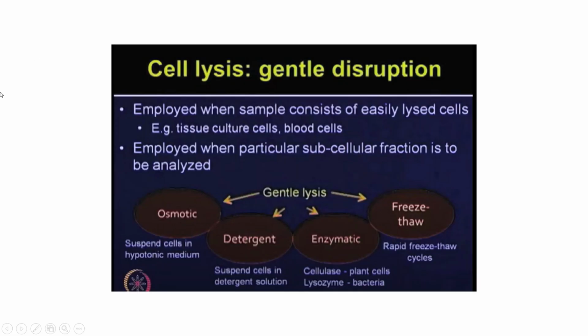There are different ways of lysing. There are gentle lysis methods, or chemical-based methods, like adding a hypotonic solution so that, because of the osmotic pressure, the cells burst out, adding certain detergents, or adding certain enzymes which will degrade the membrane so that everything comes out. Or you can do freeze-thaw cycles again and again, and because of the change in temperature the cells will lyse and all the components will come out.